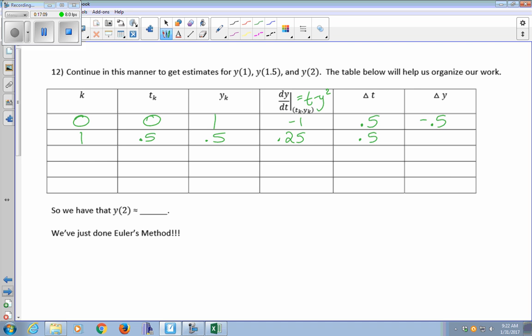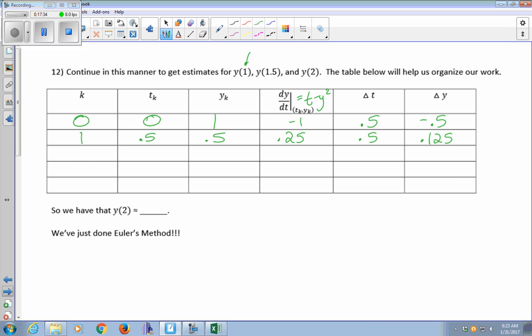My t value is 0.5, and I'm curious about a t value of 1, so I'm moving from 0.5 to 1, and my change in t is a half. Then my delta y is my slope times my delta t. So 0.25 times 0.5 is 0.125. That's my change in y.